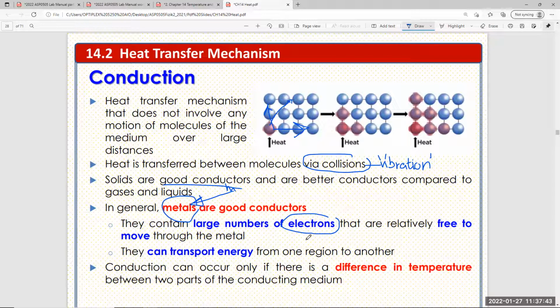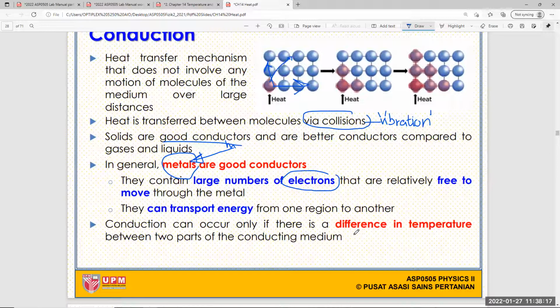So the solid becomes hotter faster as compared to gas and liquid. The electrons are the ones that are responsible. When it comes to metal, it has an abundance of electrons as carriers. That's why we call them good heat conductors, and also good electrical conductors, when we get to our future chapter on electricity.